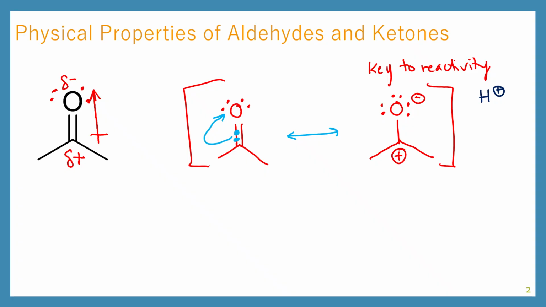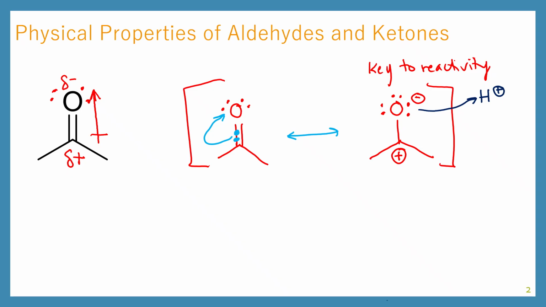Hopefully what you would expect here is for the oxygen, which is negative or partially negative, however you want to look at it, to interact with the H+. This tells you that there's no reason that the H+ would ever be interested in that carbonyl carbon or vice versa, right? We know that the oxygen is going to have the stronger affinity for H+.